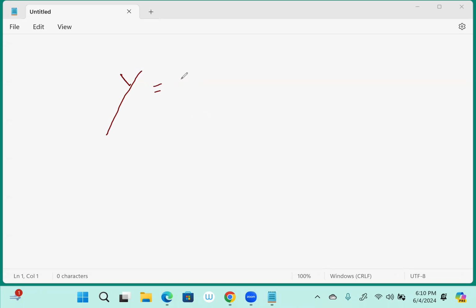If we have something like this, and I said, okay, find the vertex of this and graph it.